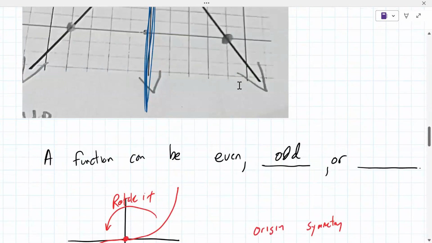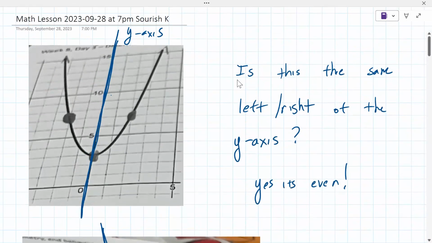So here we go, Sarah. Here's what we're going to do. We are not going to continue the lesson until you write this down and then the definition for odd, and then you read it back to me. Okay, so go ahead and write this down, please.